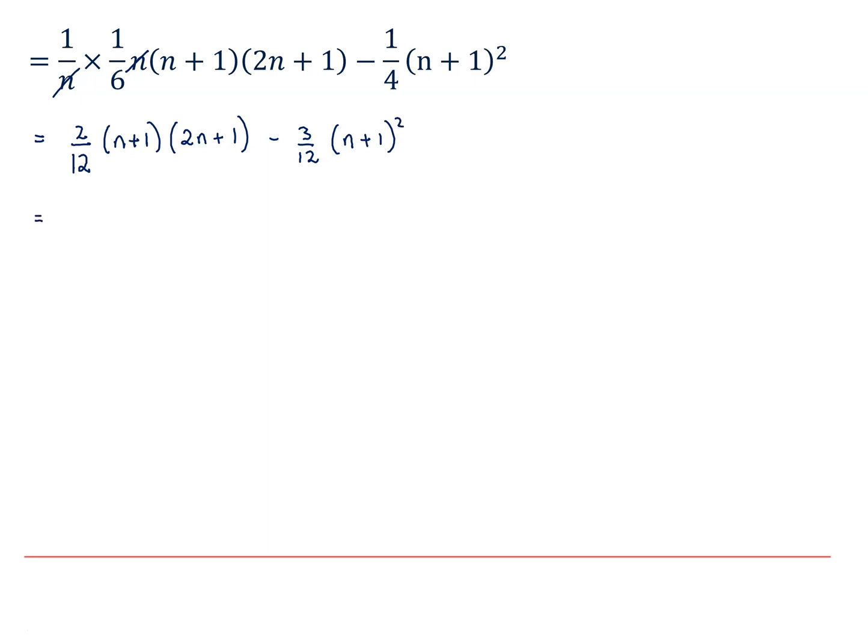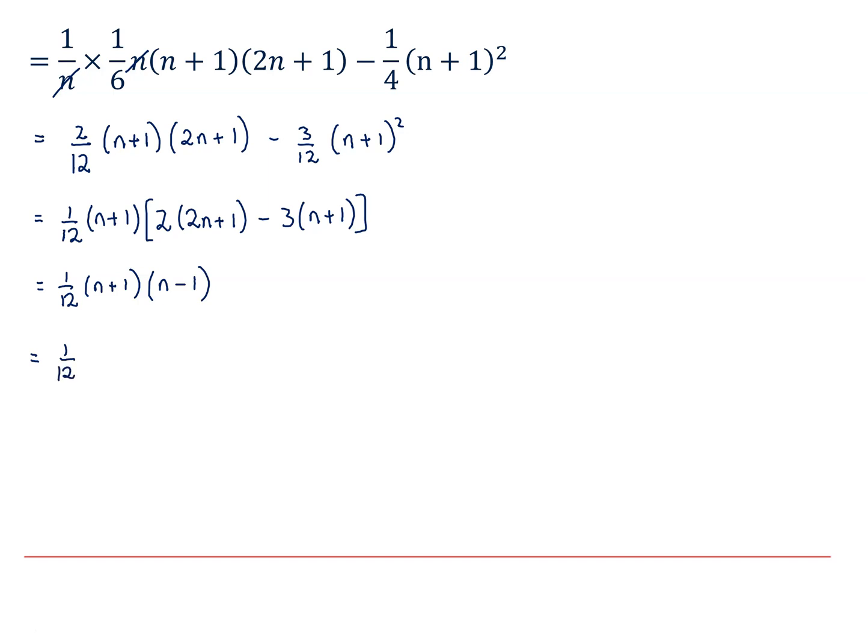So now taking out common factors of a 12th and n plus 1, I've got 2 lots of 2n plus 1 minus 3 lots of n plus 1. So that's 1/12 n plus 1, n minus 1, or 1/12 n squared minus 1.